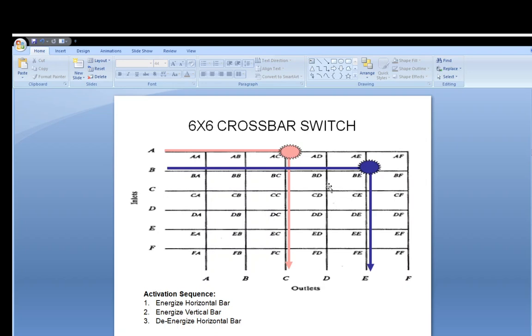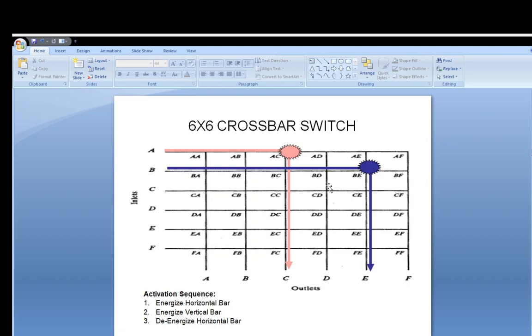This protocol was decided and used at that time. So when A is energized first and then C is energized, the call AC will be possible. And similarly, when B is energized first and then after that E is energized, then call BE is possible.